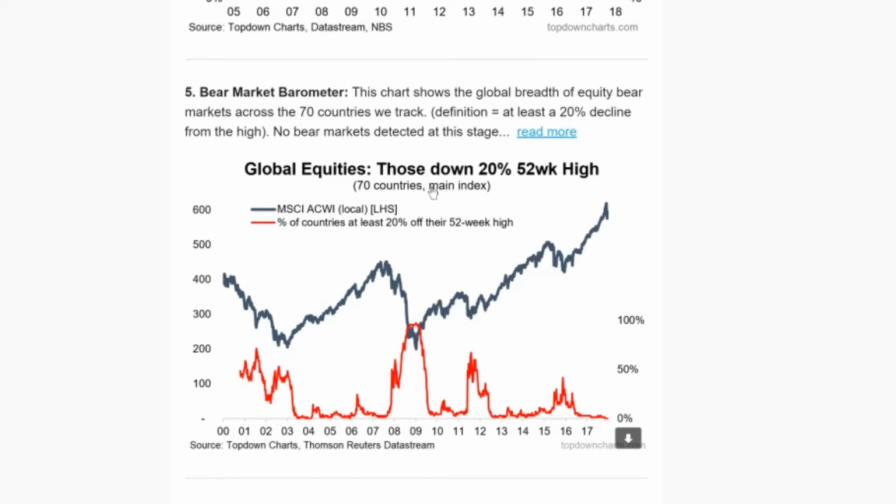And to make it easier to calculate, I've looked at a 52-week window. So basically, is the market down more than 20% off its 52-week high? And you can see there when previous episodes or flare-ups in this indicator were. And at the moment, 0 out of 70 are in a bear market on this definition.